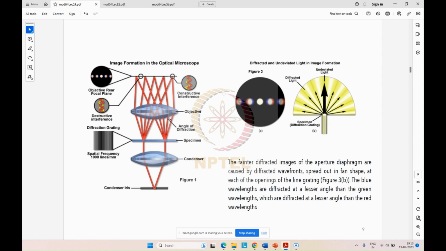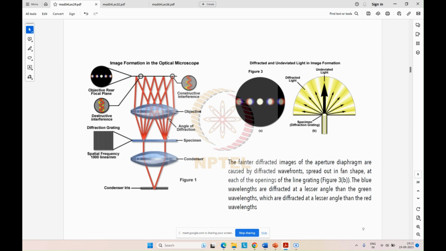As I said earlier, light can be unpolarized or it can be polarized. If you're using polarized light, you can get something called a diffraction pattern if you place the light at a certain angle.